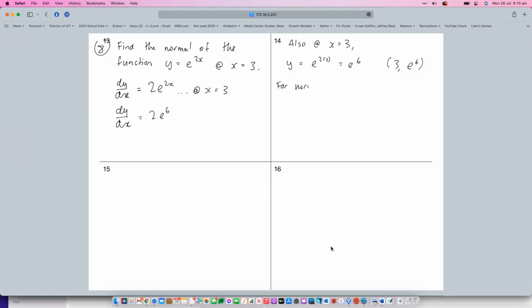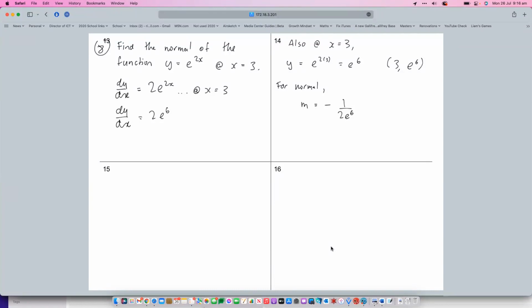We know for the normal, we have gradient is equal to, you flip it and make it negative. So it's negative 1 on 2e to the 6th. Is that okay?